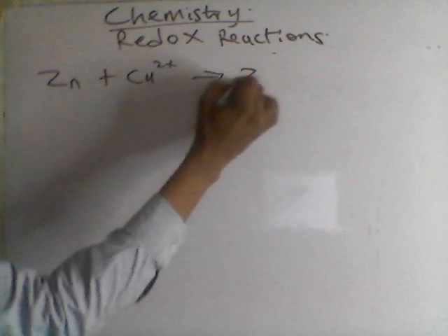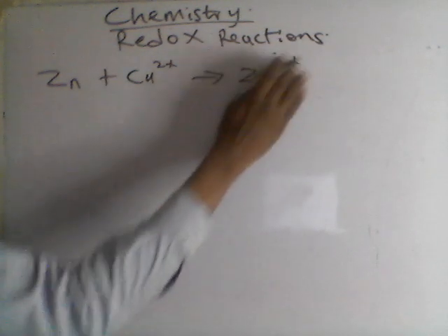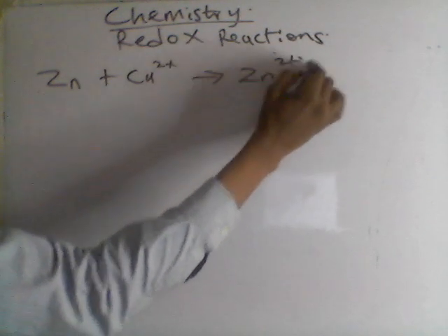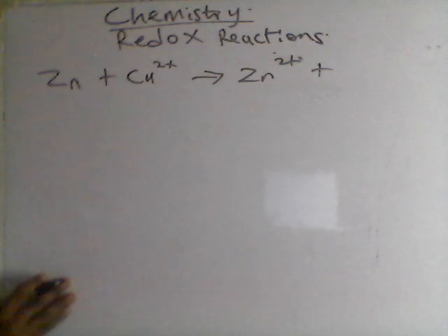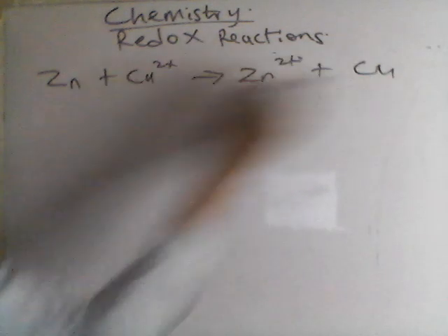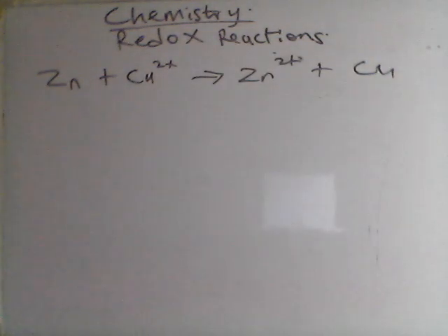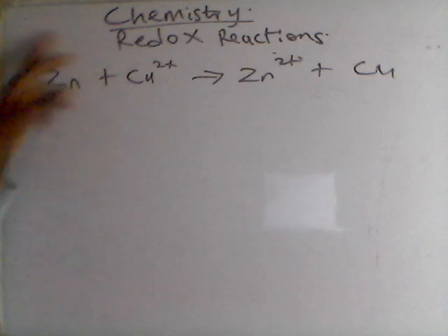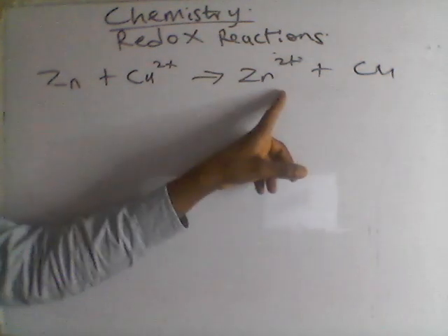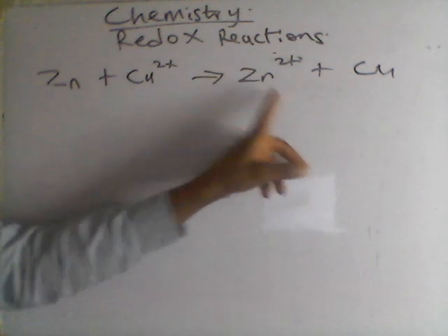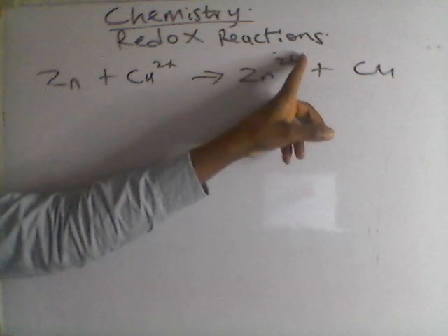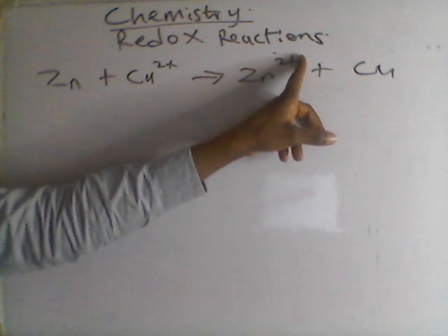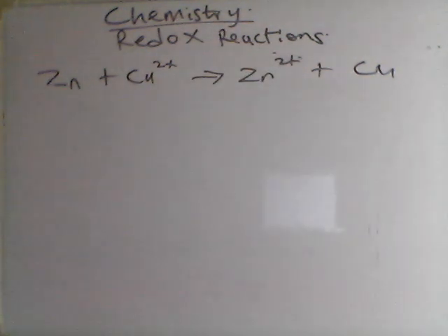So zinc became positively charged and copper ion became neutral. So zinc, which is stable here, goes into a situation where it has lost electrons.